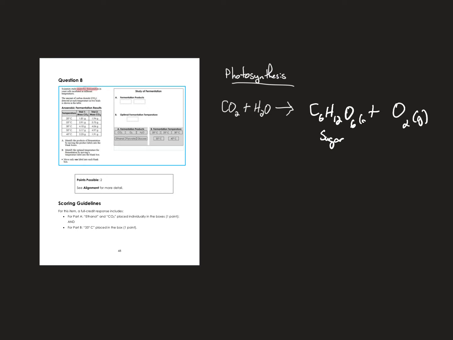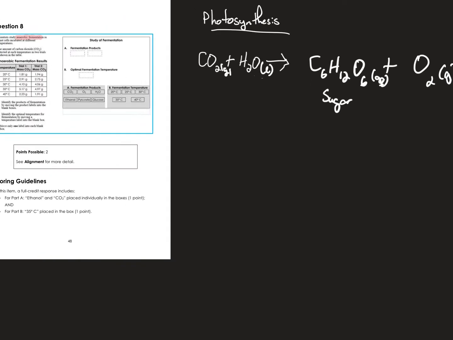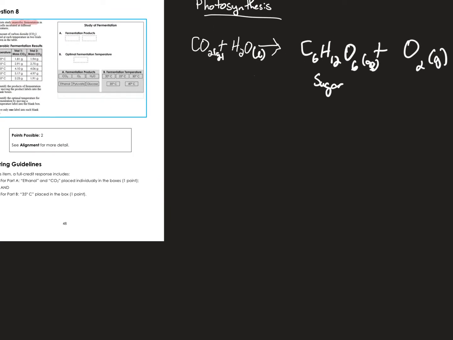Now we've talked about this as an aqueous solution. This is a liquid water, and this is a gas. I'm not going to balance the equation, but suffice to say that would be the expectation, the summary reaction that you'd be talking about for photosynthesis.